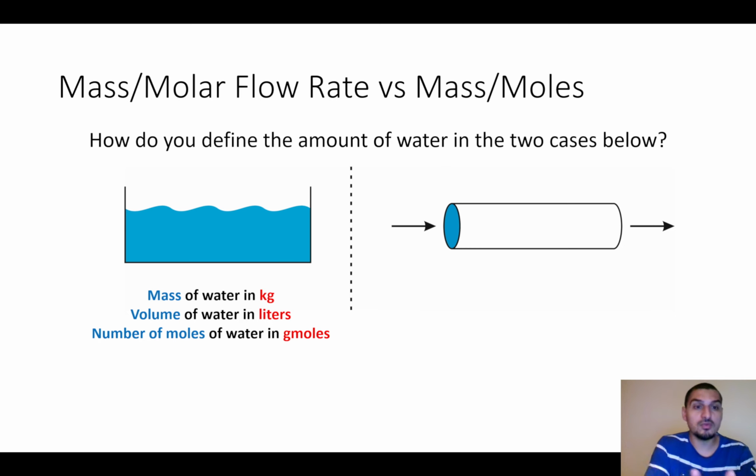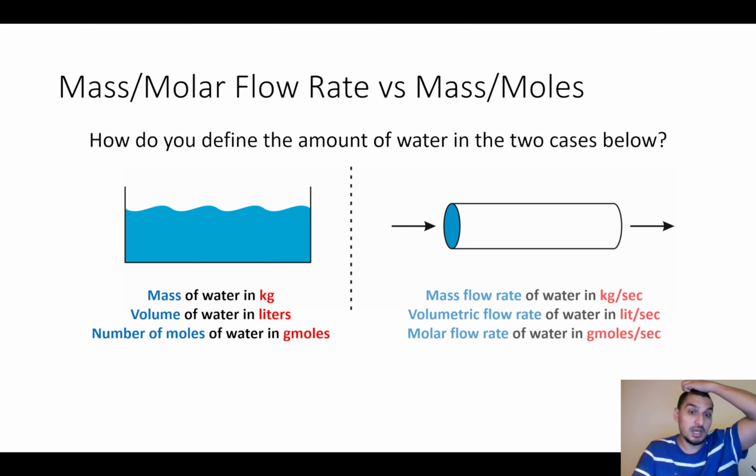So each minute 1 liter flows through this pipe. So this is a volumetric flow rate. So we have the same three parameters, but they are defined as the parameter per unit time. I have mass flow rate, so how many kilograms per unit time, or volumetric flow rate, so it's liter per time, and the molar flow rate, how many moles per unit time.